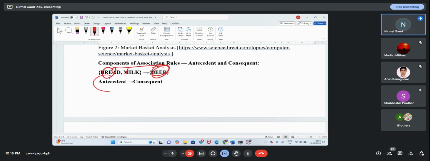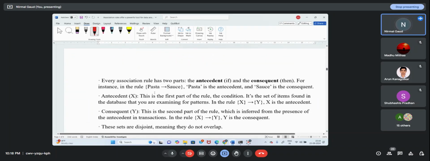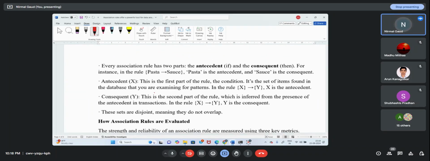So this is called the antecedent, and this is called the consequent. Okay, fine. So every association rule has two parts: antecedent, consequent. If, then. For example, pasta, sauce. Pasta is antecedent, sauce is consequent.